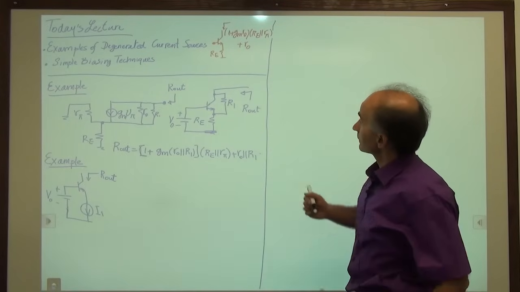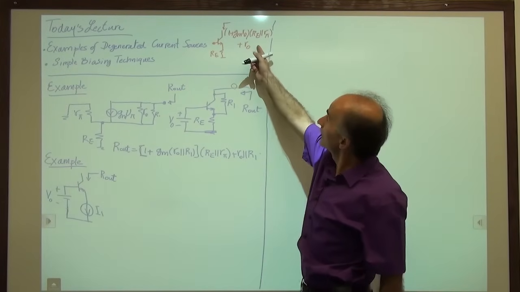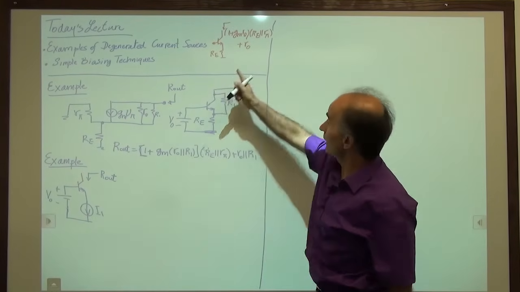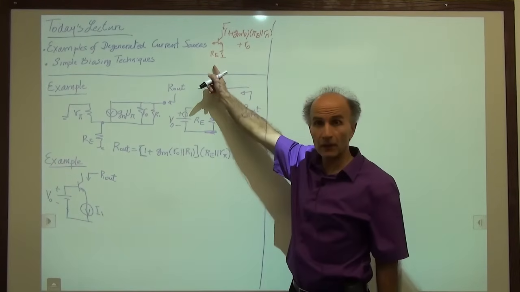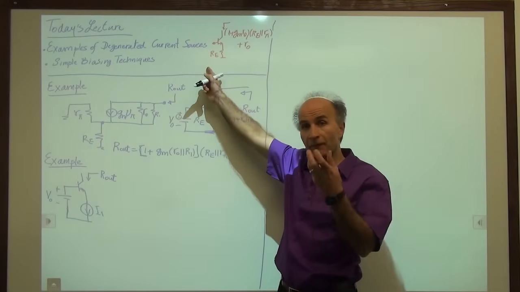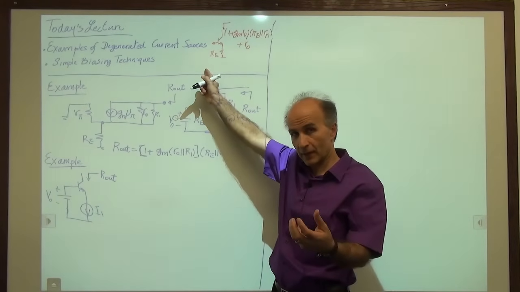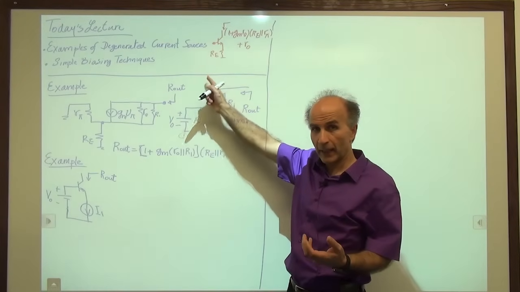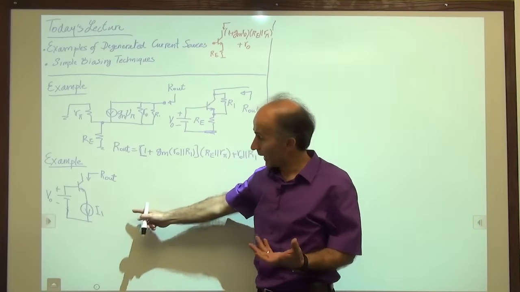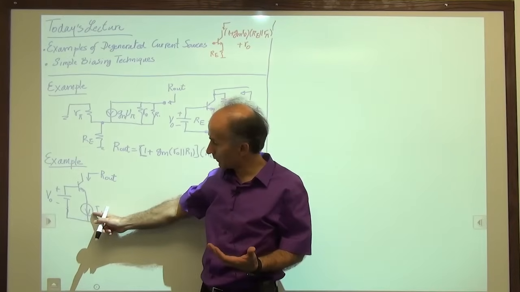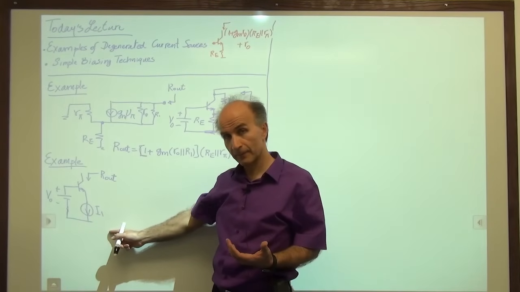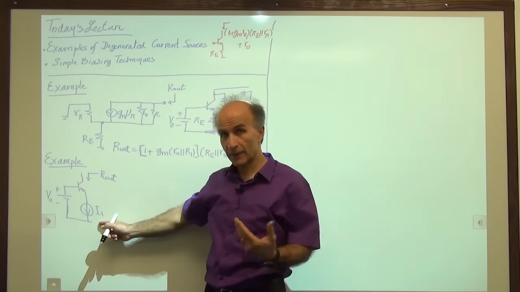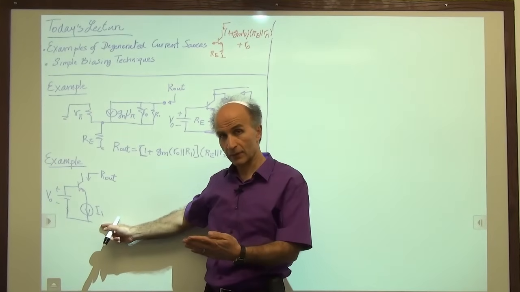Well, you go back to this equation and say, can we use this equation here? The only thing that has changed is RE. RE represented a finite resistance tied between the emitter and AC ground. And now we have replaced that resistor with an ideal current source. When we go to the small signal model, what happens to this constant ideal current source?